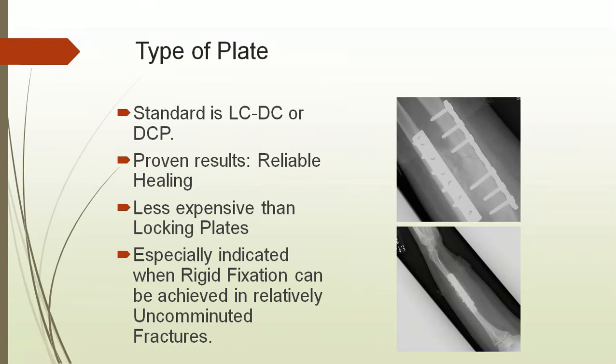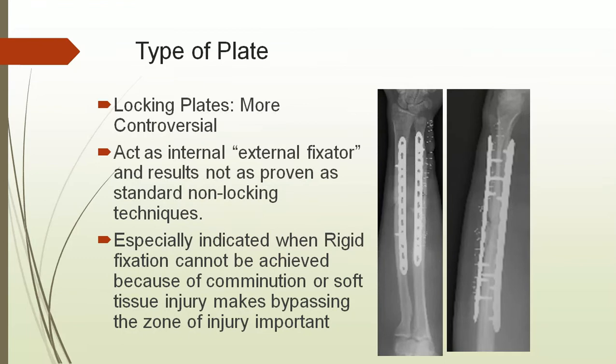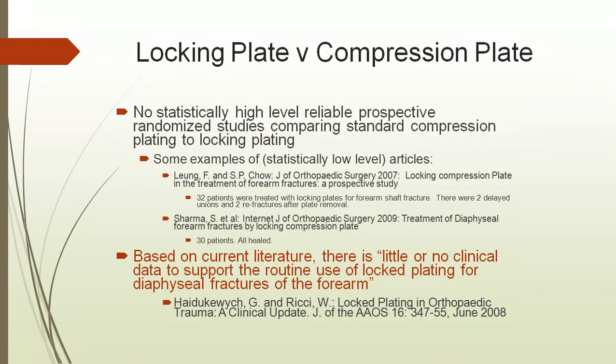These are the modern plates, low contact dynamic compression plates, meaning locking plates. We are using that type of plates nowadays, and they are giving good results. So this is one example of a locking plate. That's what I told you, what a locking plate is and what a dynamic compression plate is.